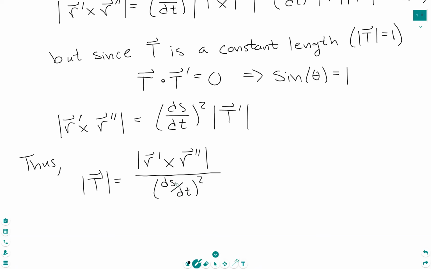But remember again that this ds dt is just the speed. So we can just write this as the magnitude of r prime crossed with r double prime all over r prime in magnitude squared.